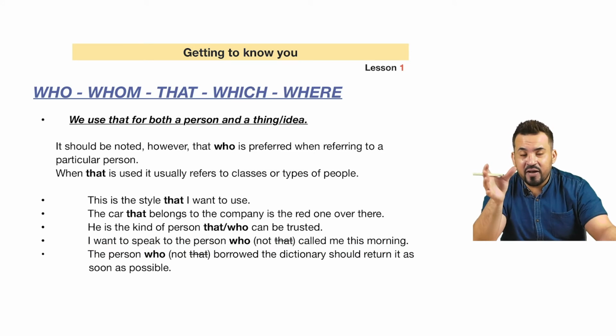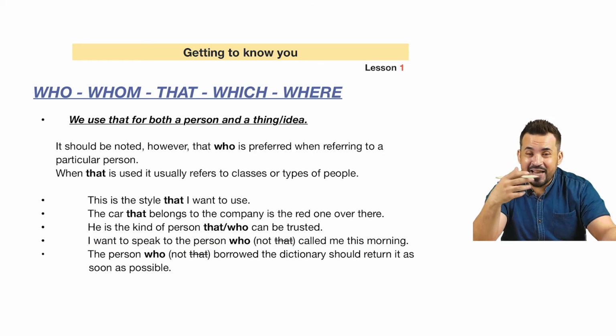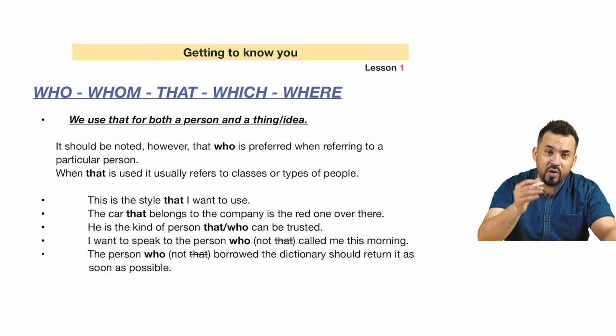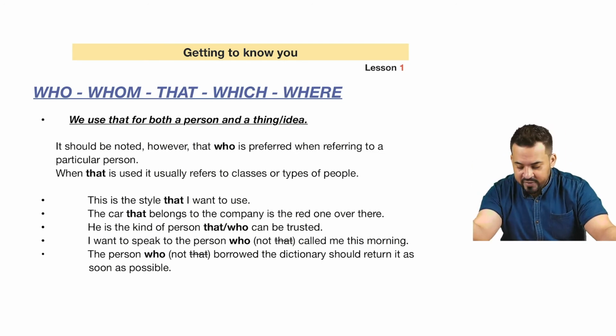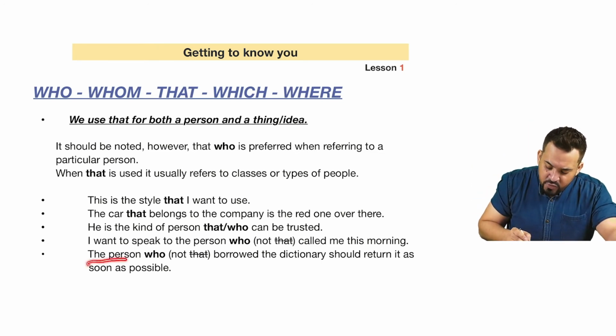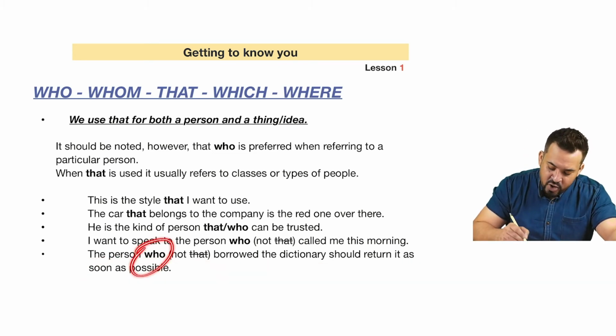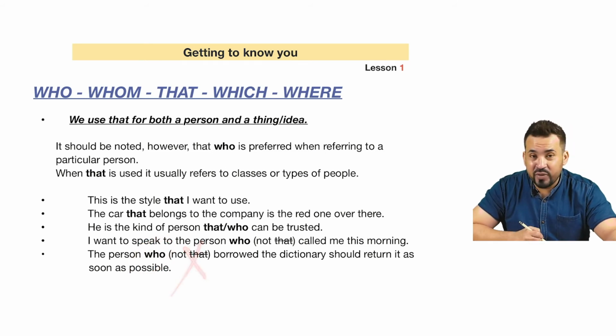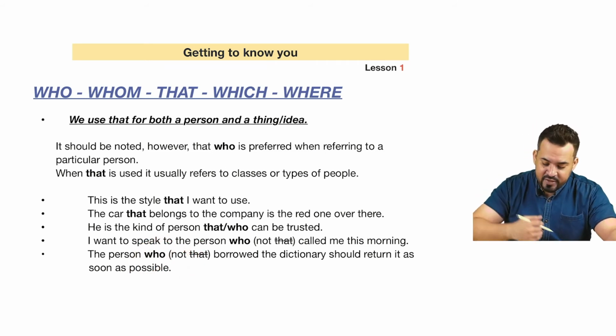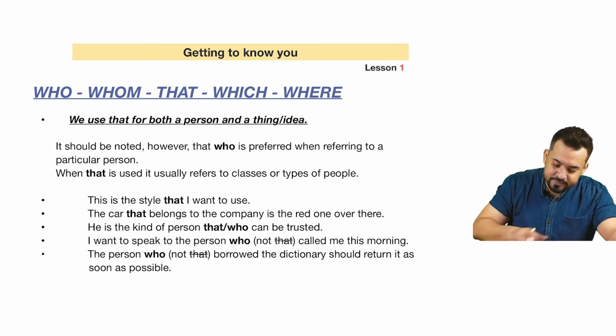Here we're talking about a specific person. We cannot say that called me this morning. Here we have to say who called me this morning. The person who borrowed the dictionary should return it as soon as possible. So again, we use who here and not that. We can't use that in this particular sentence.